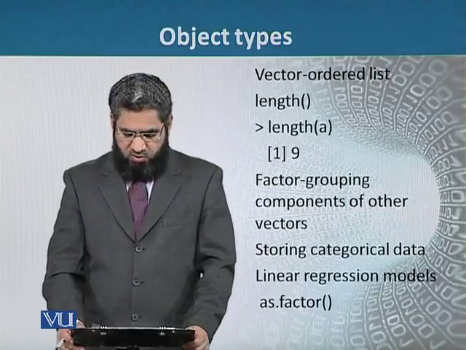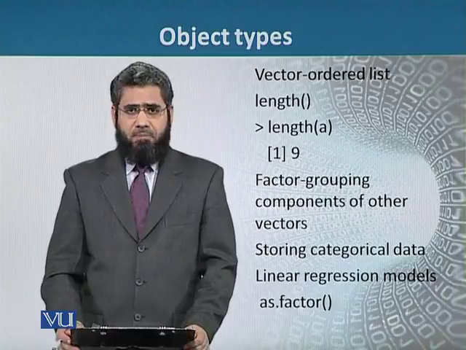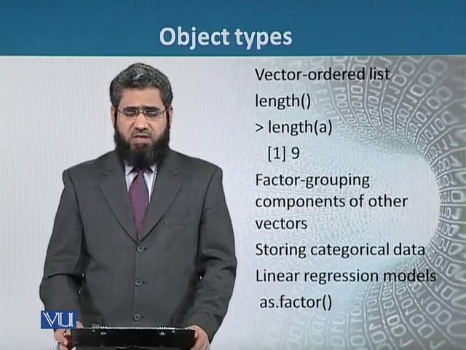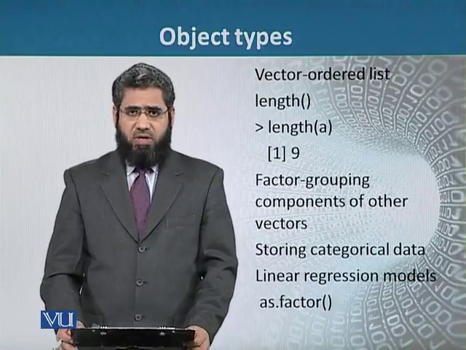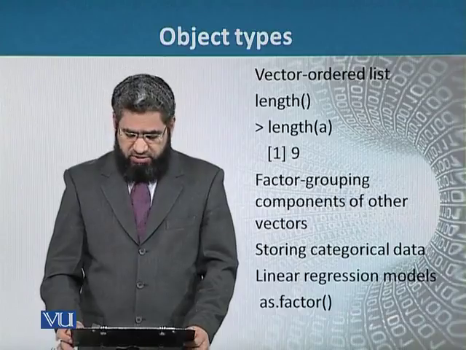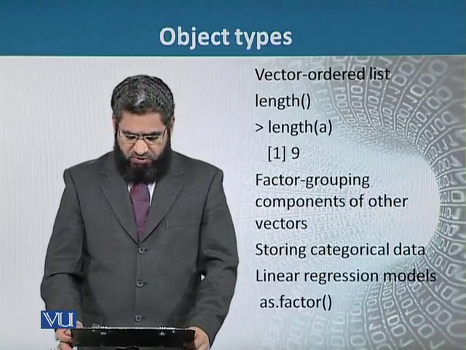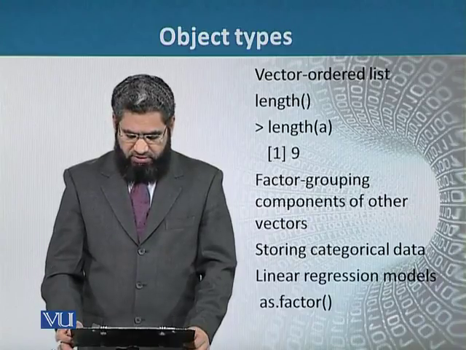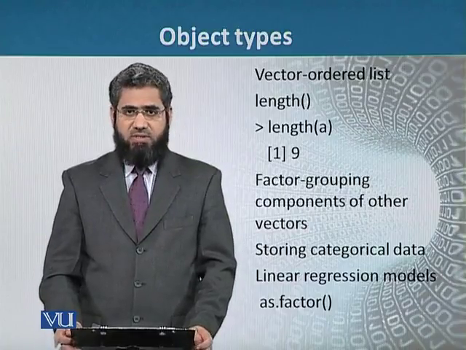This can be used for sorting, and factor is basically a statistical method that can be used for linear regression in statistics. So factors store categorical data and can be used, as I've told you, in linear regression models.